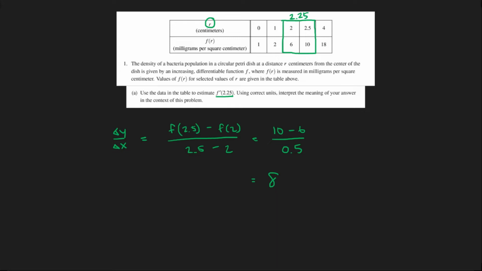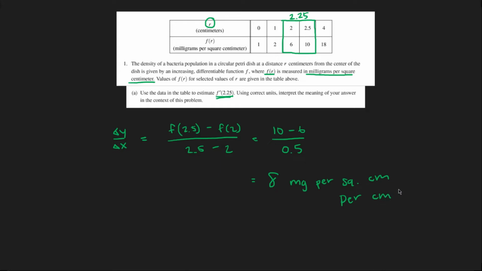And our units are going to be, since we know that f of r is measured in milligrams per square centimeter, and we're finding f prime, milligrams per square centimeter per centimeter, right? We can verify this because when we use the slope equation, f of r is measured in milligrams per square centimeter, then divided by r, which is just going to be per centimeter.